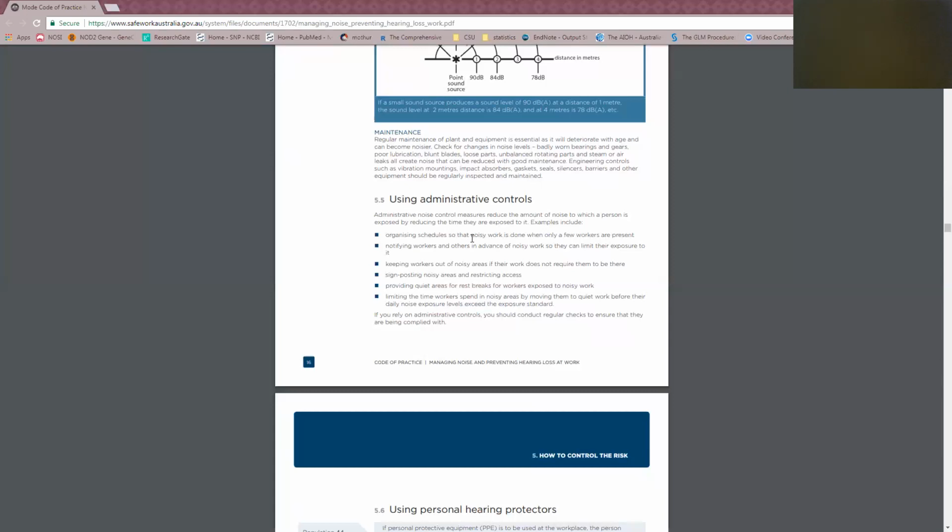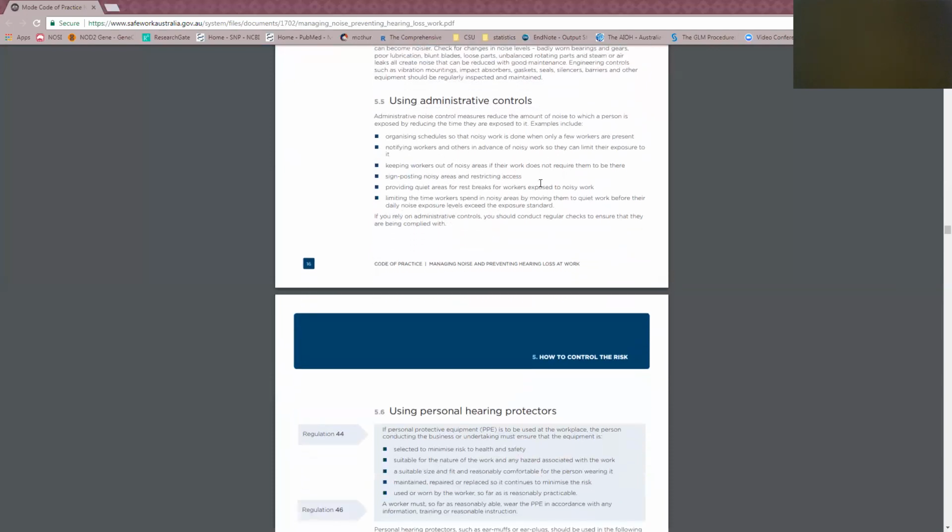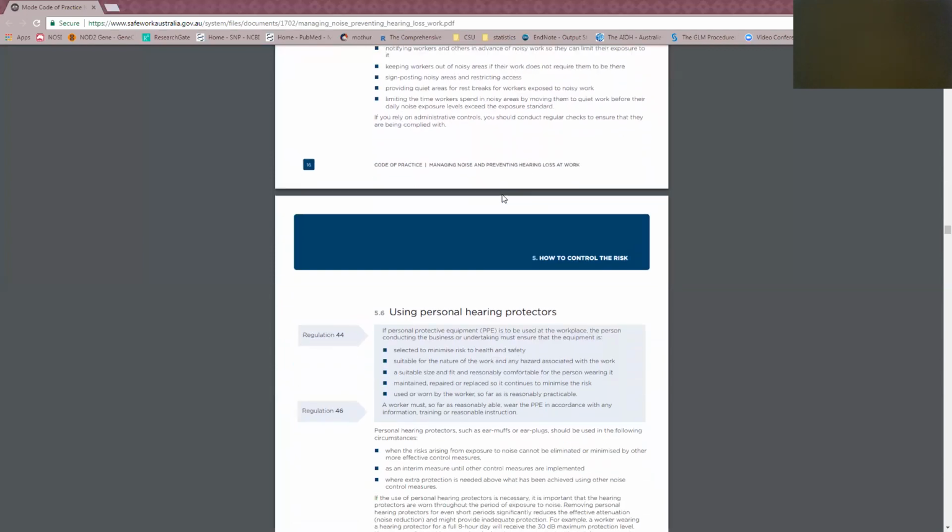So here are those administrative controls. Notify when working, keeping workers out of noisy areas, signposting noisy areas, providing quiet areas for rest breaks. With the way that place was running, you definitely want a quiet rest break while working.